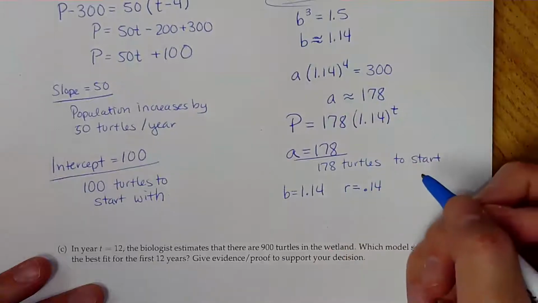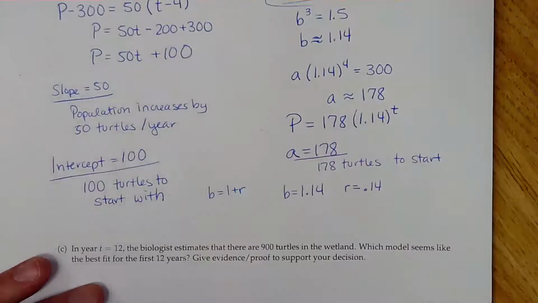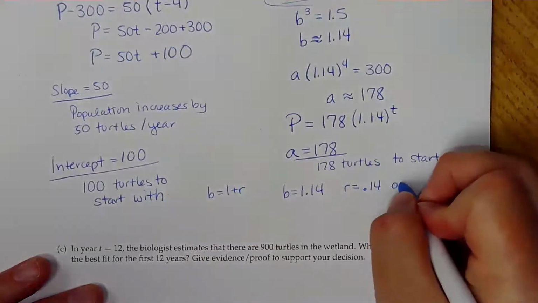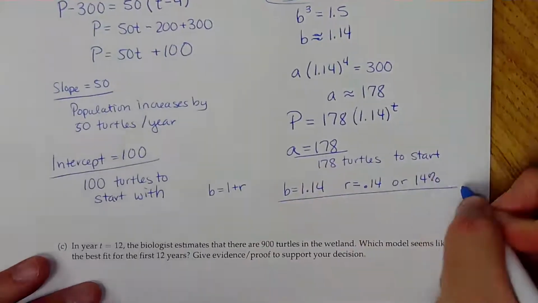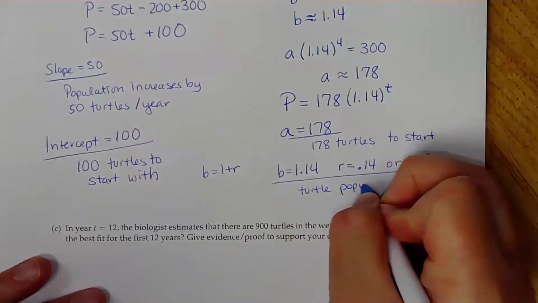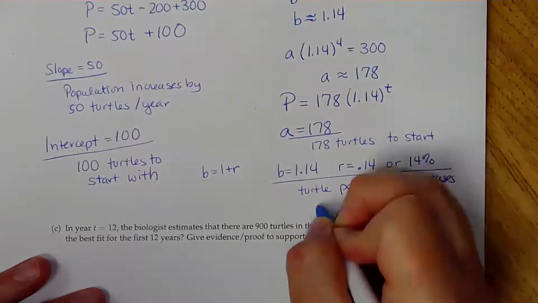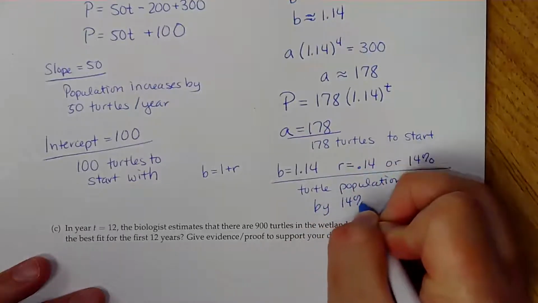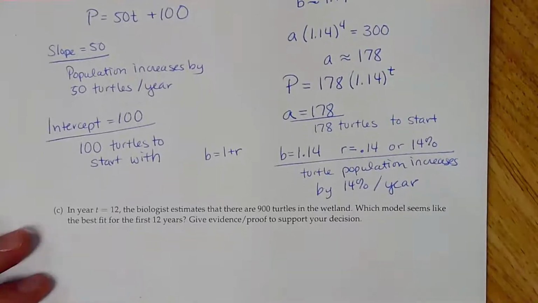So remember the relationship there is that B is equal to 1 plus R. Okay, so my R is 0.14 or 14%. And so my turtle population increases by 14% per year. All right, and then part C.